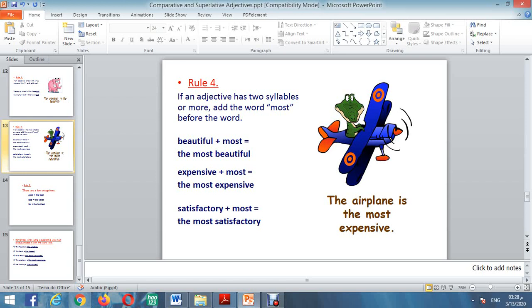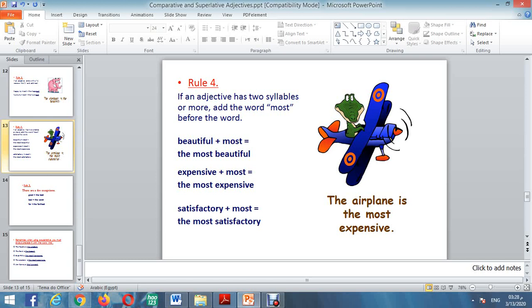Expensive will be the most expensive. Satisfactory will be the most satisfactory, and so on. Example, if I say the airplane is the most expensive, it means I'm comparing between the plane and all the other means of transport, between the airplane and the bus, the car, the donkey, the camel, maybe like this.